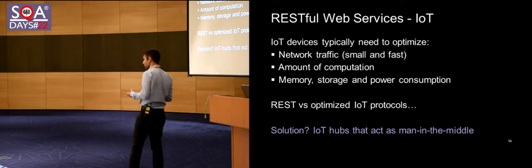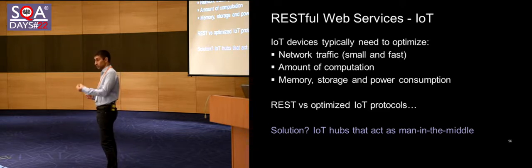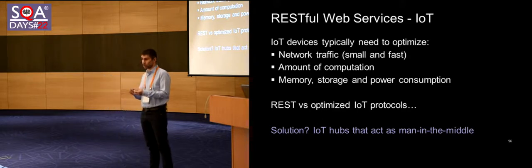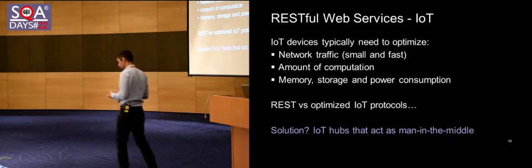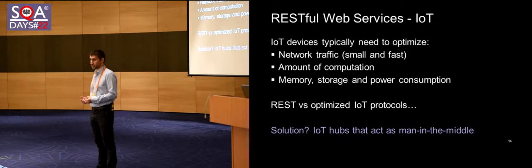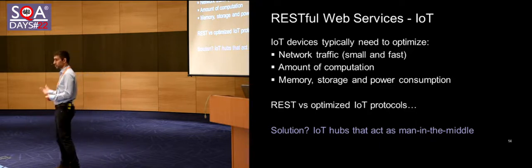Also the amount of computation, because we are talking about devices that could be limited, not just in computation, but also memory, storage, and especially power consumption. So all of these need to be quite optimized. Of course, REST is not optimized for this. You have specific protocols that are optimized, but the disadvantage is that you need to learn a new protocol, and you need tools to interact with these protocols.